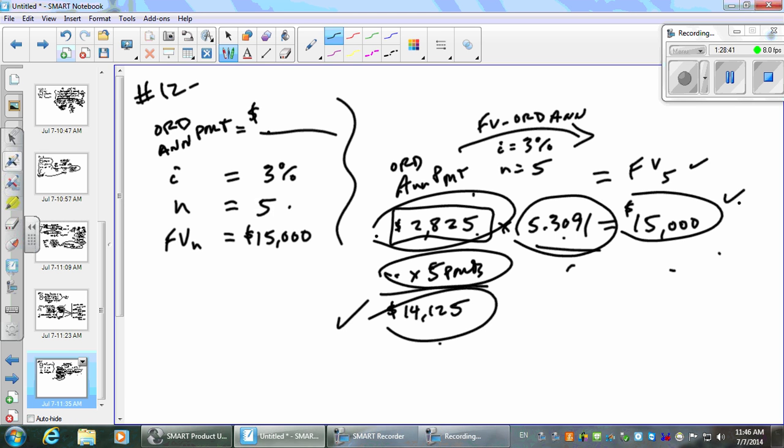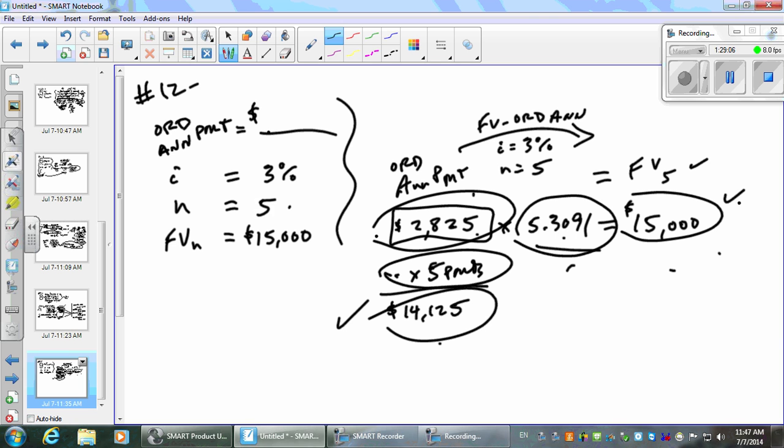Anytime it says annual rate, that means the interest rate. I don't know when to solve for PV or PMT. PMT is payment, so if you're going for an annuity payment, it's PMT.